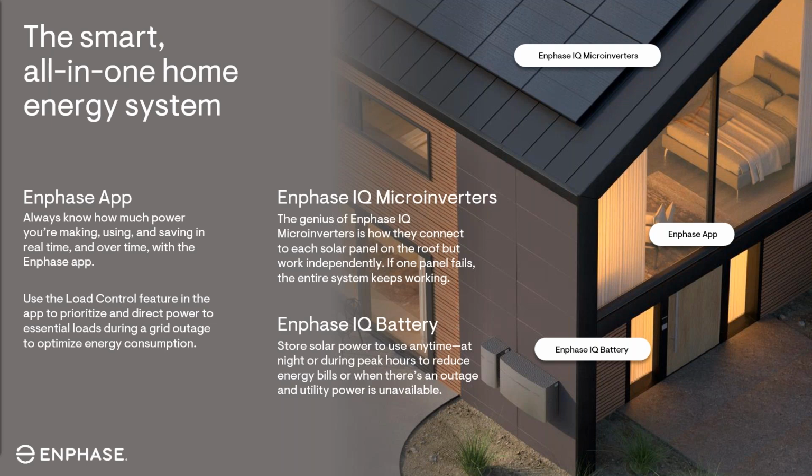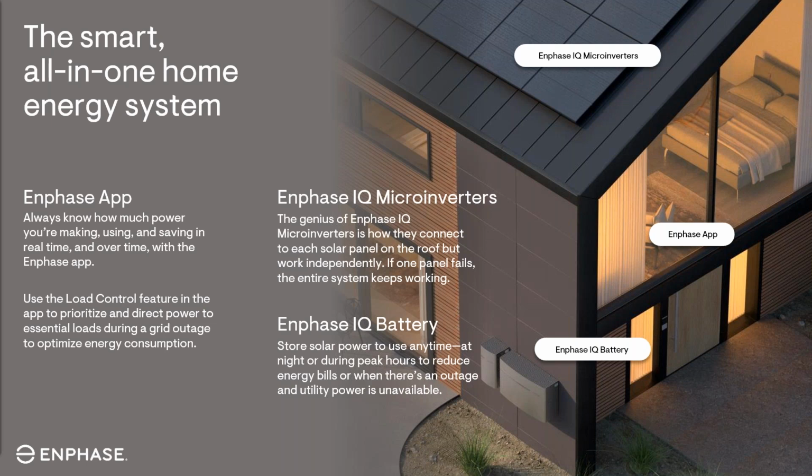The power produced by the solar system with Enphase microinverters can be stored in the battery for use anytime, whether it's for backup power during blackouts, during peak hours to reduce energy bills, or simply for self-consumption if the customer doesn't have a good net metering deal with their utility. Our load control feature can automatically manage large electrical loads, which improves the resilience of the system and the customer experience.